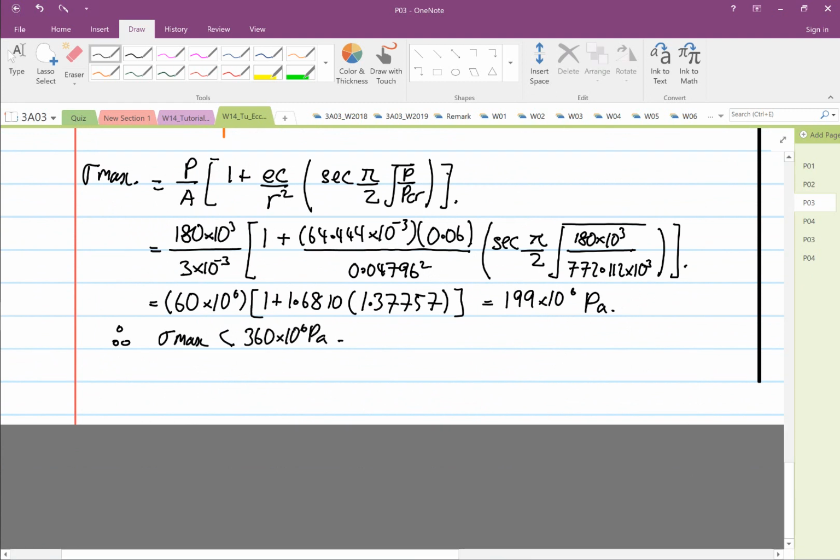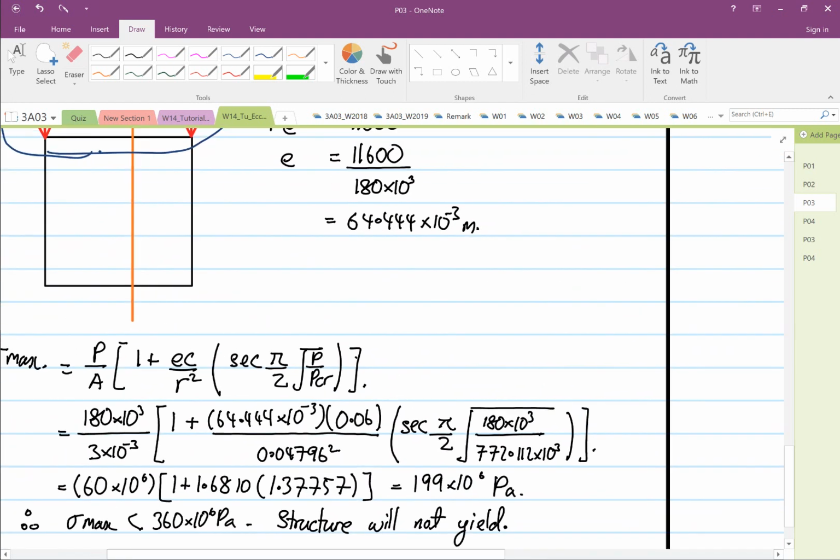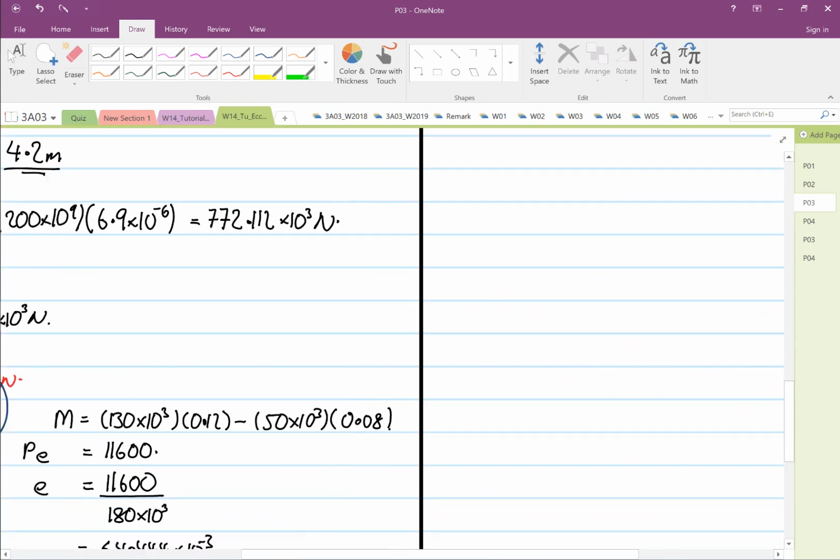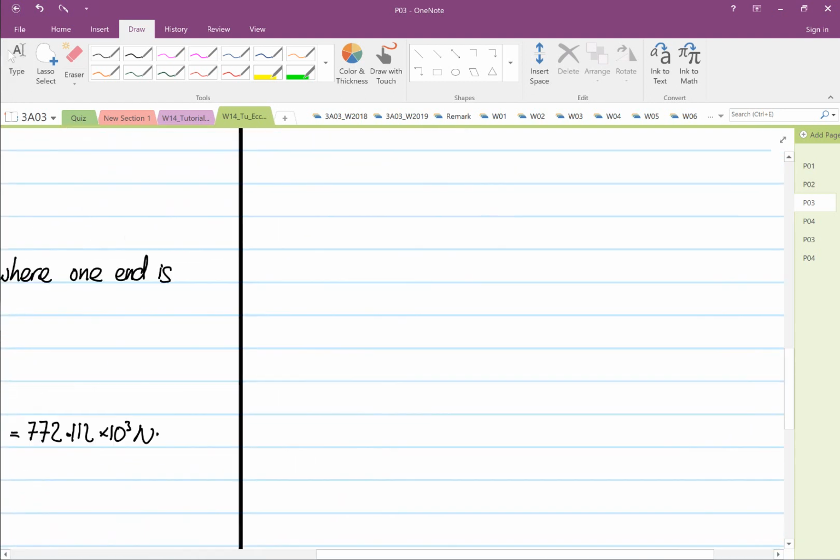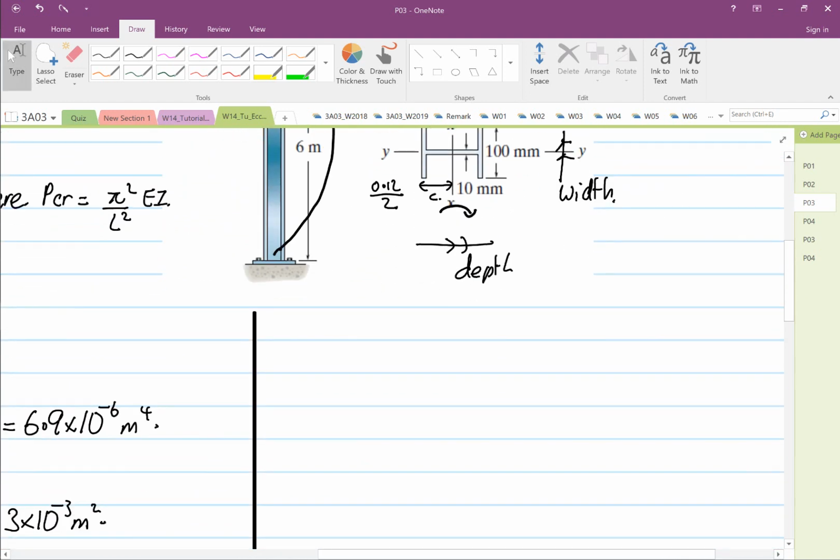So the structure will not yield. The next thing we're going to calculate is the Y max. Just because it will not yield doesn't mean it's fine. We also want to know how much it buckles over a 6 meter structure.